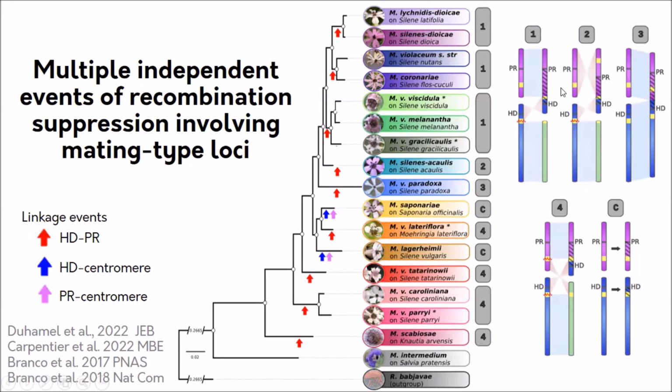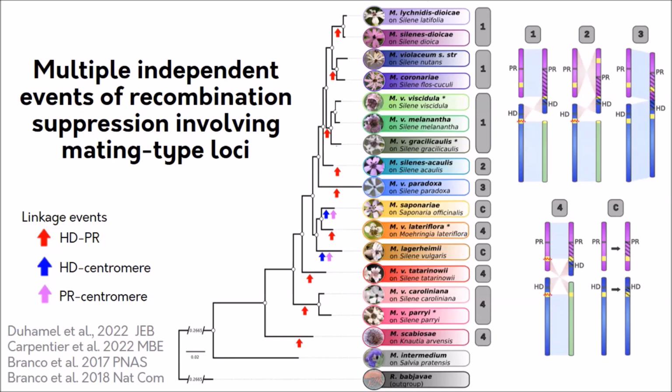But in other species, it's another type of rearrangement that links together the HD and PR loci. So for example, in case 2, the PR chromosome became linked to the arm of the HD chromosome, but in the other direction. So it's another event, obviously, because it's a different rearrangement.